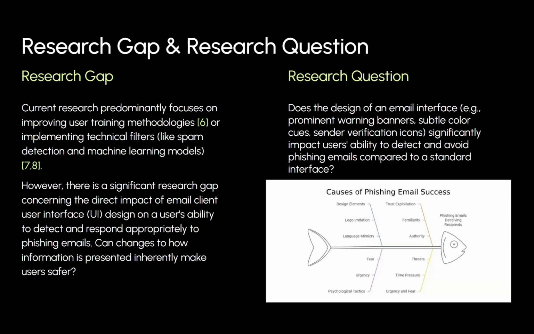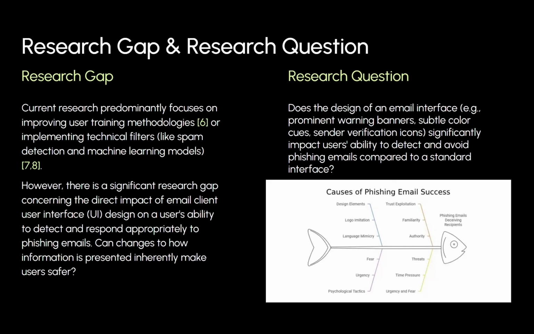The current research gap lies in this simple but powerful question: does the way an email client displays the content through the interface design affect a user's ability to detect phishing? In other words, could a well-designed interface actually make users safer by default?